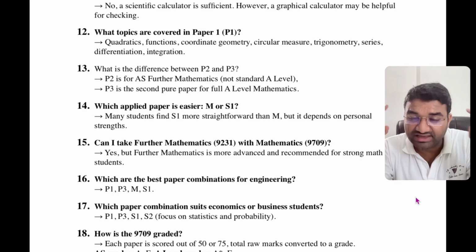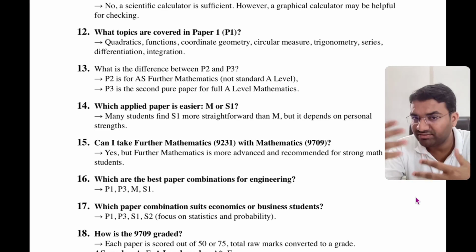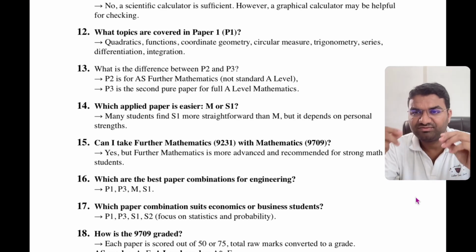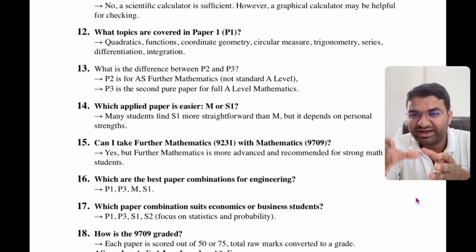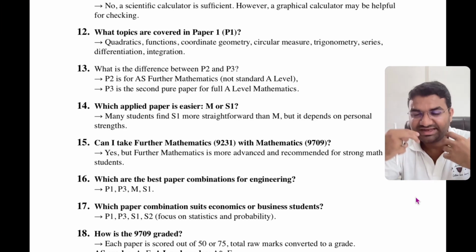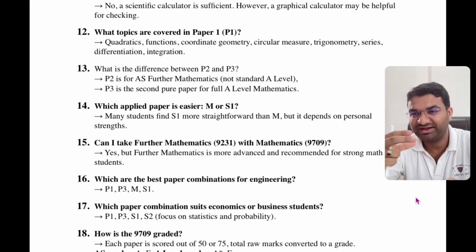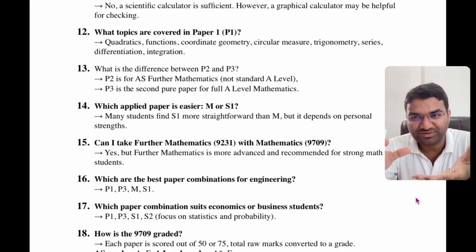So you can think about being a private candidate for further mathematics, or even mathematics, because many students take admission here for classes only. They generally complete their mathematics from the school. And for further mathematics, they take the classes from me and give their paper as a private candidate. This is also a good option left with you.